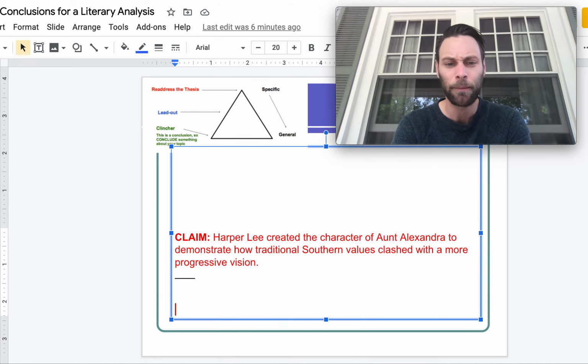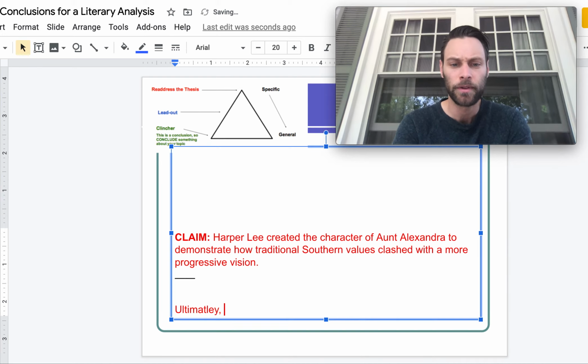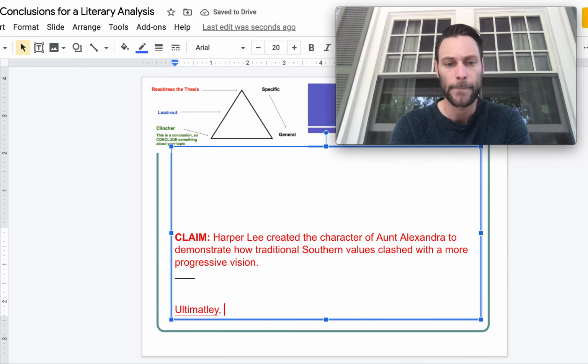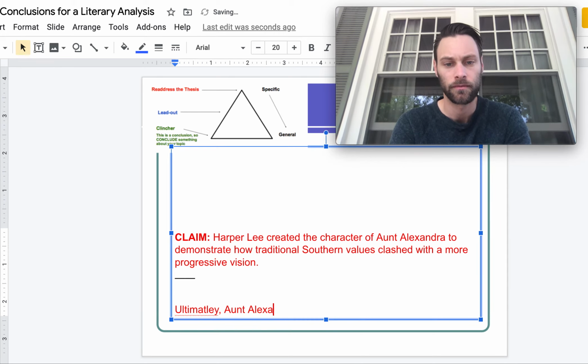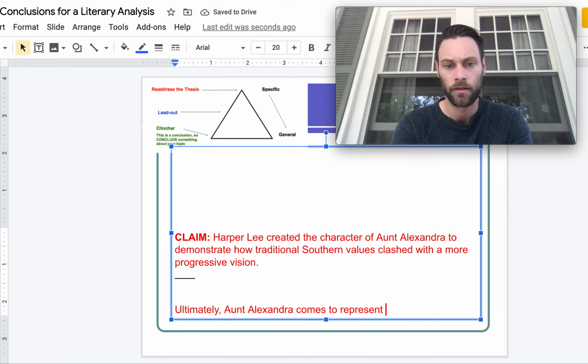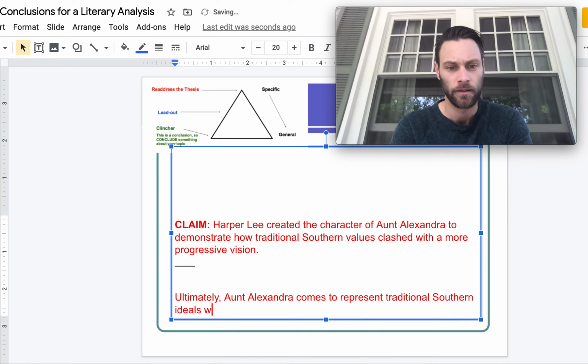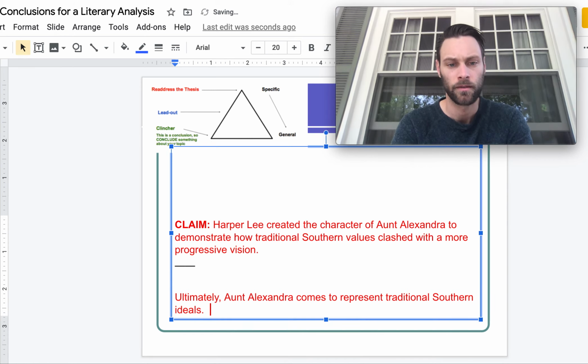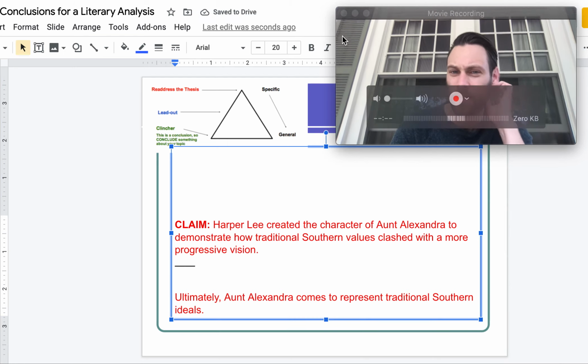So I'm not going to copy and paste, but maybe something like, ultimately, so that's like my core idea here, right?